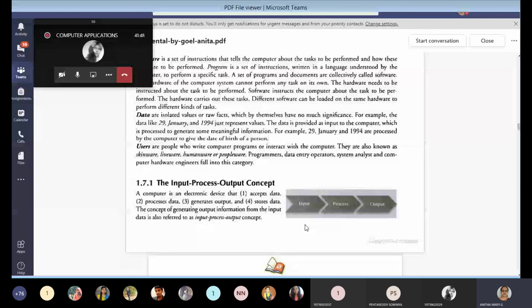That is the process, and output is the end product. Similarly, in computers, we have to give some input, some material, for the system to work on. Process is its work to do internally based on the softwares we might have fed in, and it will give the output. Okay, if I give 2 plus 3, the addition operation will be done within the process, and the output will come as 5. So that is the input process output concept.